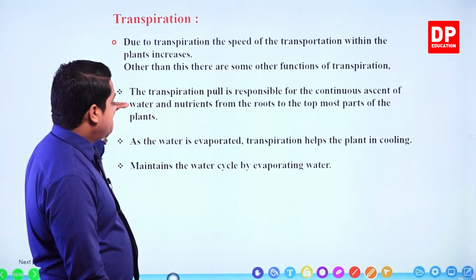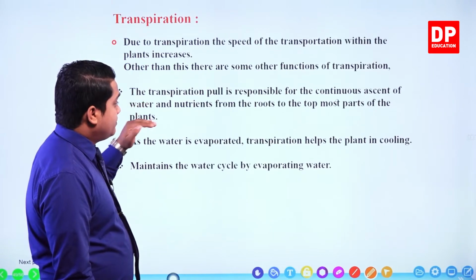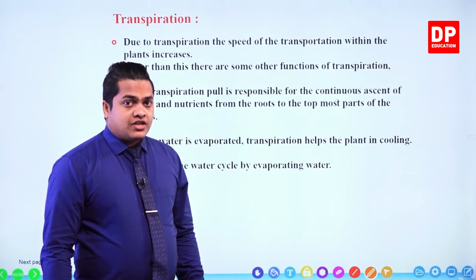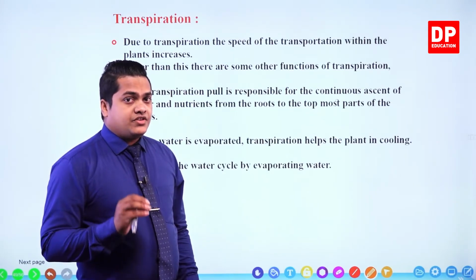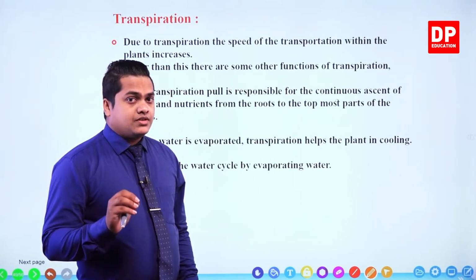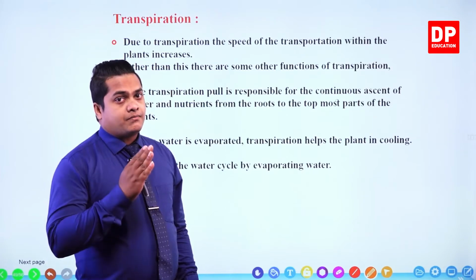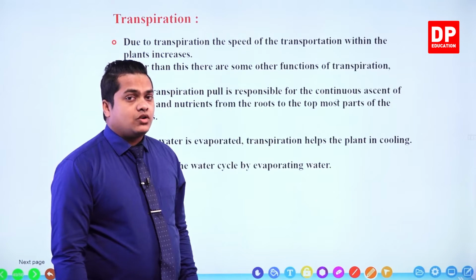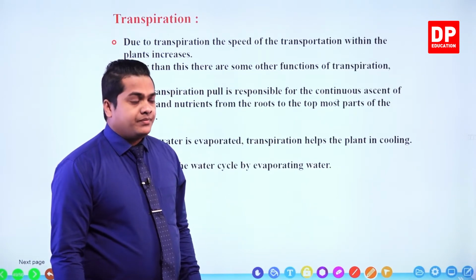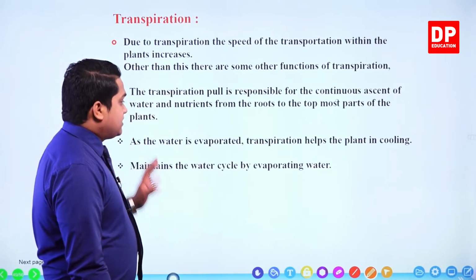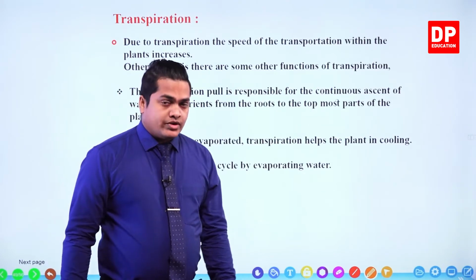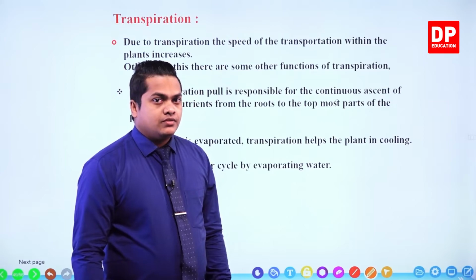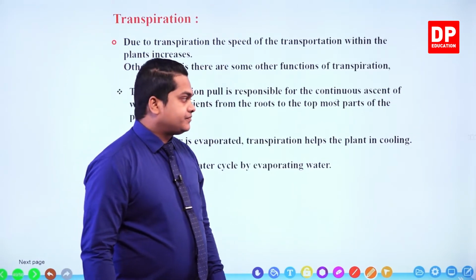Other than that, due to transpiration pull, the water absorbed by the plant roots is transported quickly towards the aerial parts, the top part of the plant body. Then as the water is evaporated through transpiration, the plant is cooled down due to loss of heat energy.